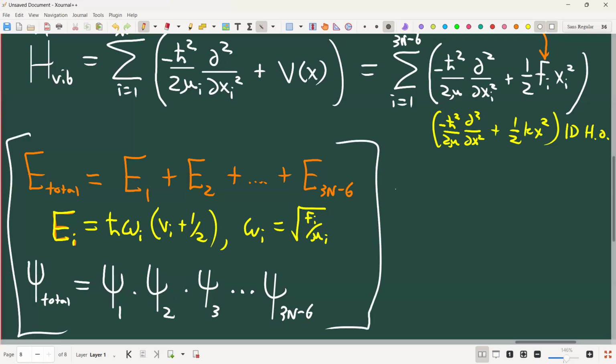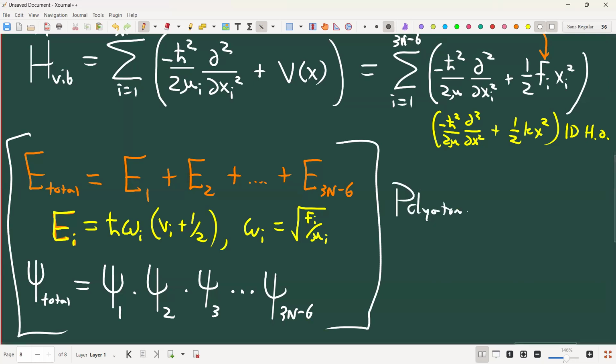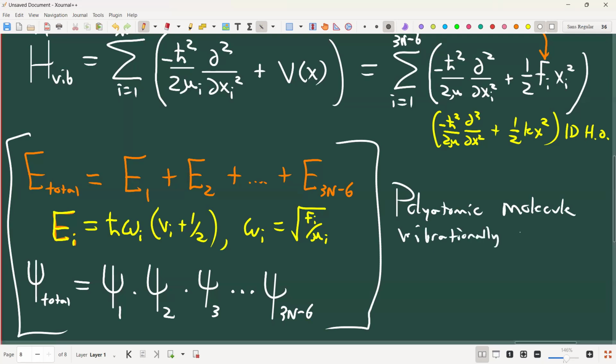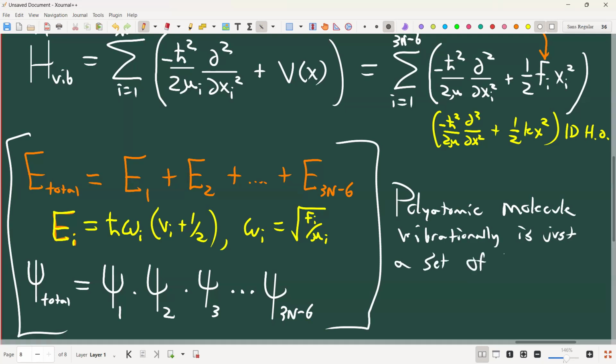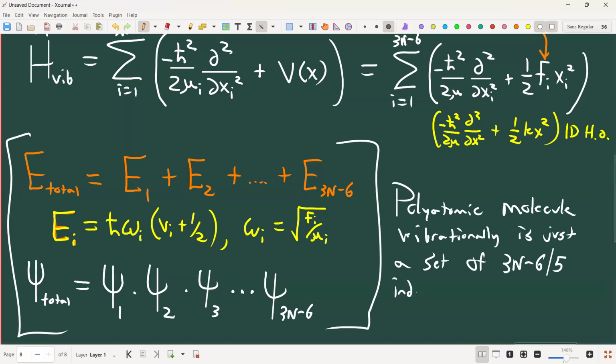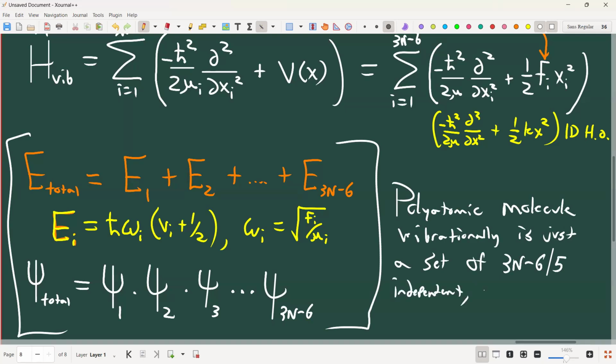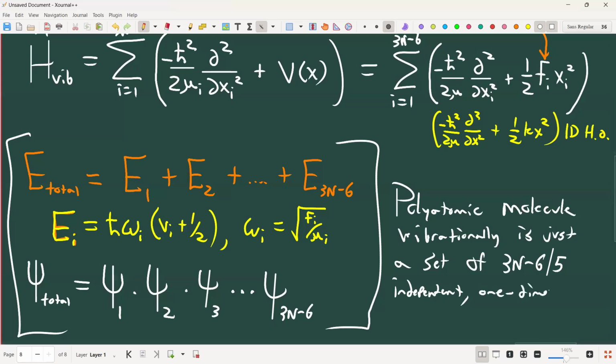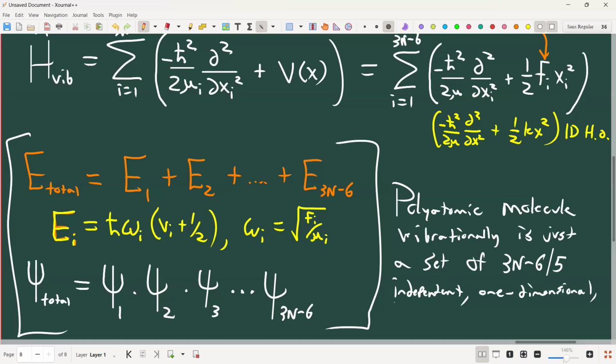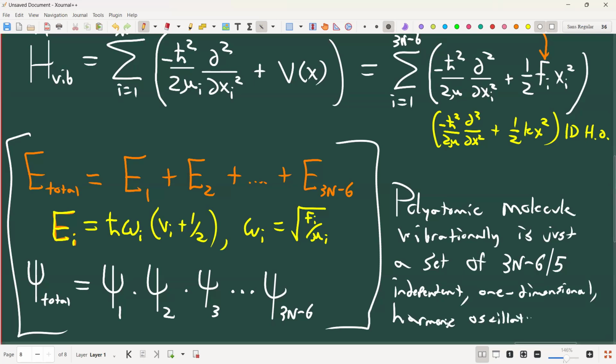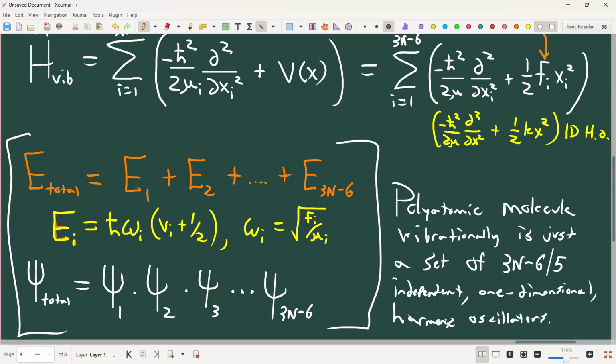All right, so a polyatomic molecule vibrationally is just a set of 3n-6 or 5, depending on which one it is, independent, one-dimensional harmonic oscillators. We've just reduced a very, very complicated problem into 3n-6 trivial problems.